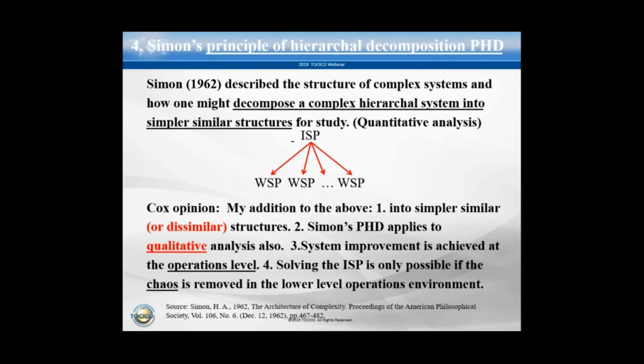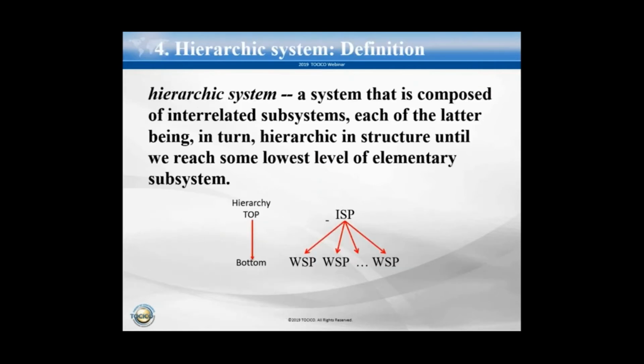The third point is the system improvement is achieved at the operations level, the doer level in this system, the provider of healthcare, and not up at the strategic level. The fourth point is that solving the ISP is only possible if chaos is removed in the lower levels so that you can actually calmly address that level.